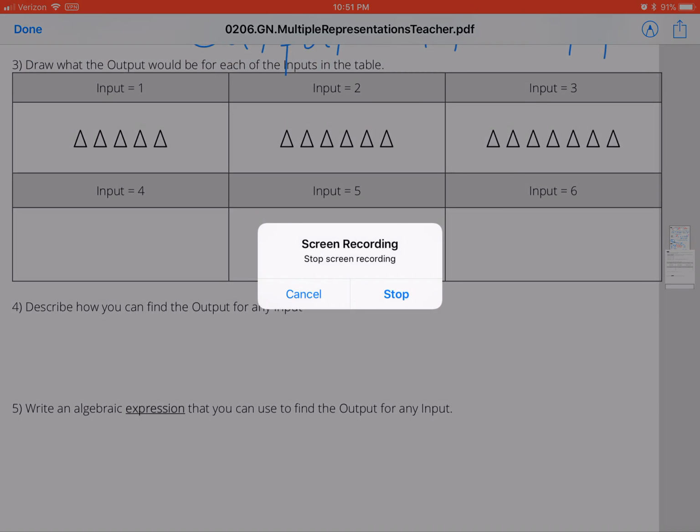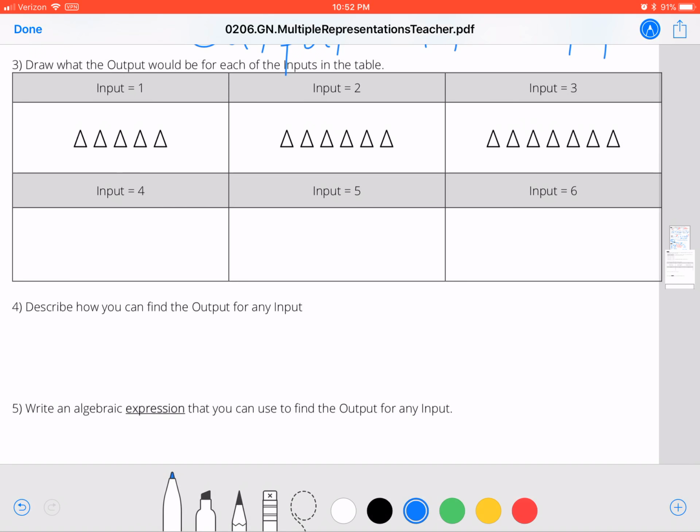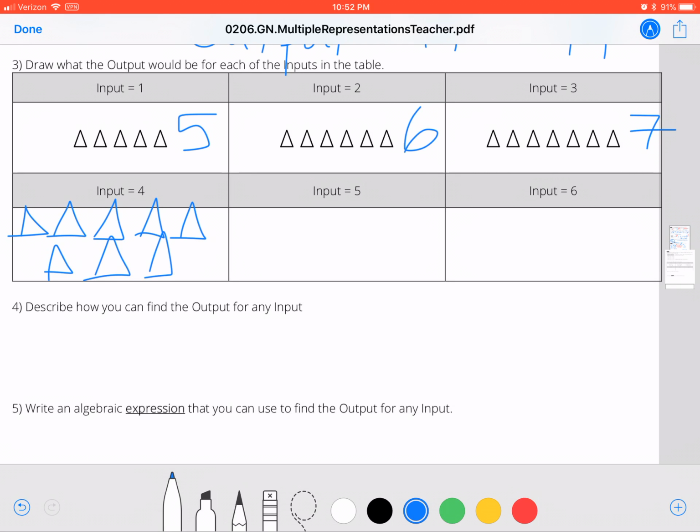All right, question number 3. Draw what the output would be for each of the inputs in the table. Input equals 1 has 5. Input equals 2 has 6. Input equals 3 has 7. Input equals 4 means that would be 8. 1, 2, 3, 4, 5, 6, 7, 8. Input 5 would be 9.